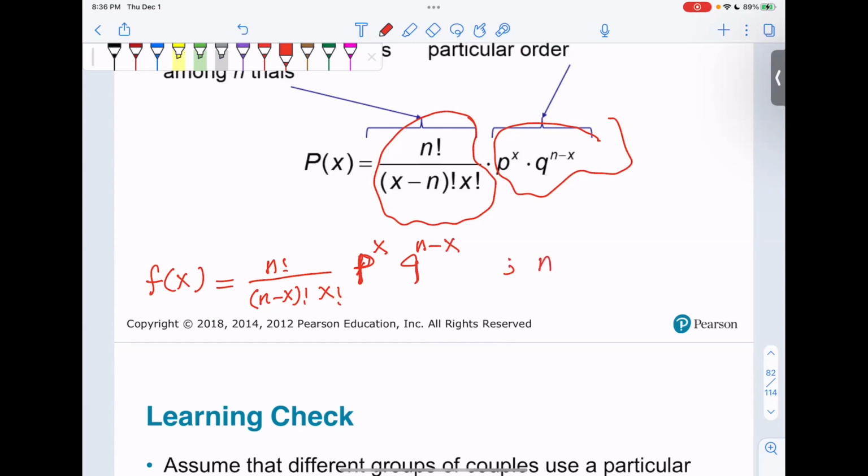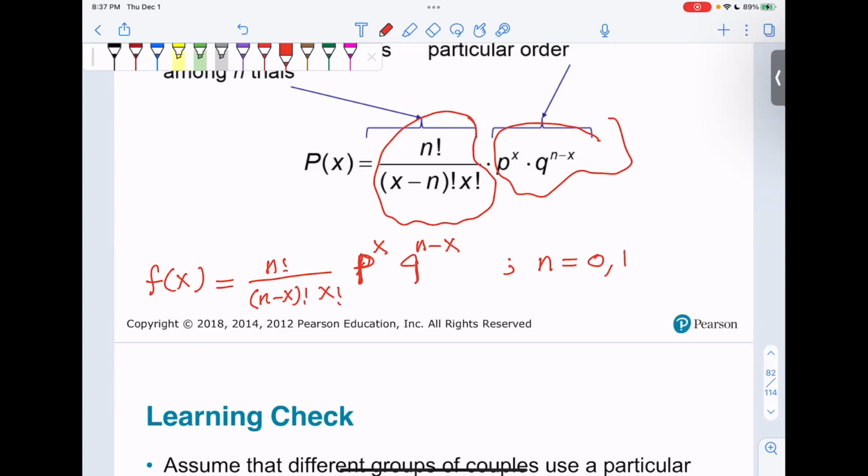Imagine that n equals just one, so X takes two values, 0 and 1. We will do just one trial, head or tail. Let X be the number of heads. If we flip a coin and get tail, the number of heads equals 0. If we get the head, then the number of heads equals 1.